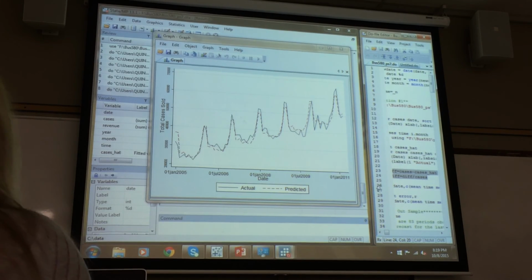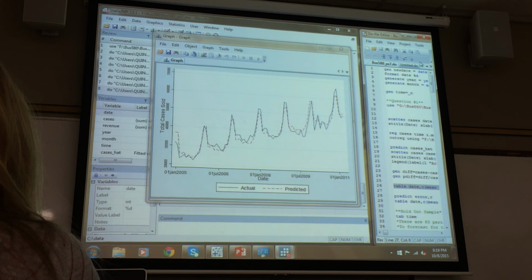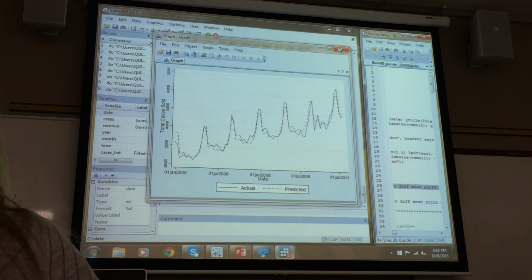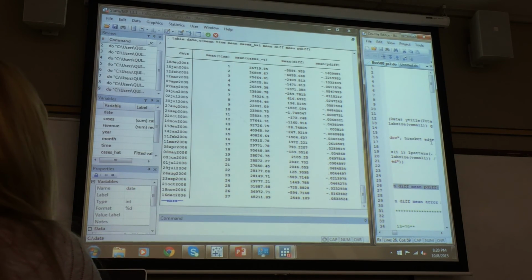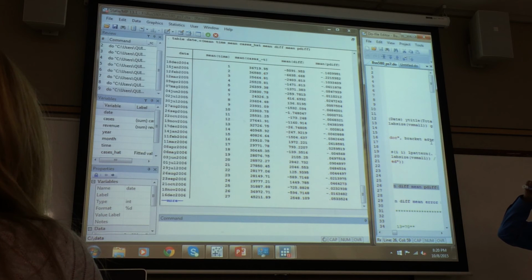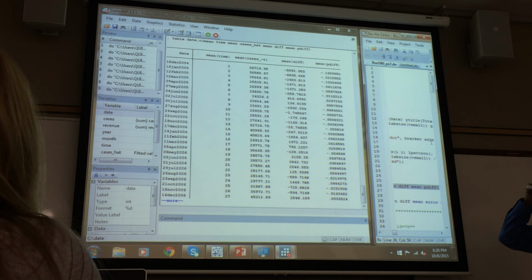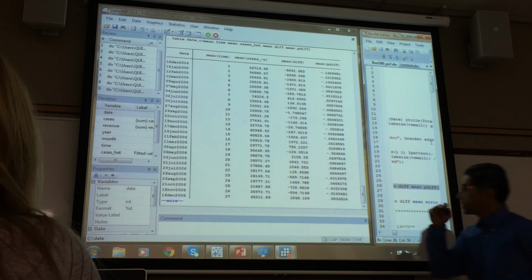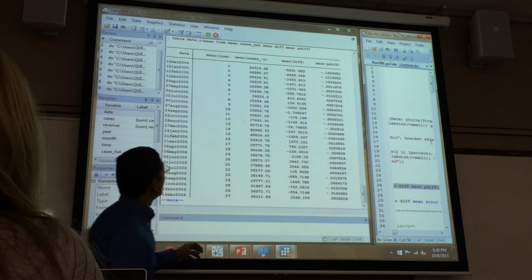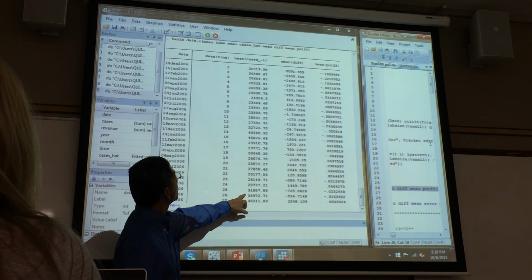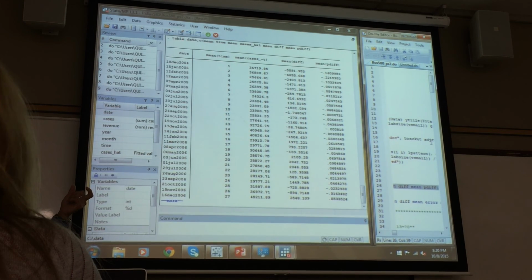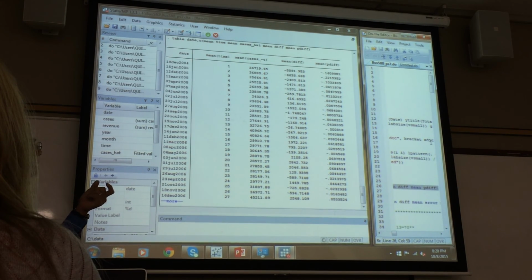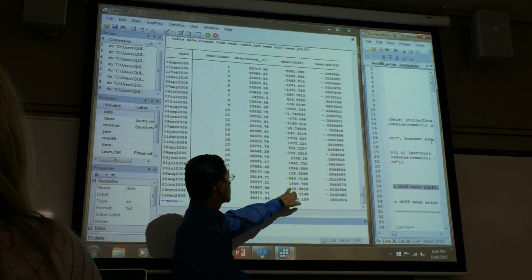I'm not sure what I did here, but I'm going to take a look at it anyways. All right. What did I do here? Actually, we did this already also. Here's our predicted cases. I took the difference between the actual and predicted, and that's this here.